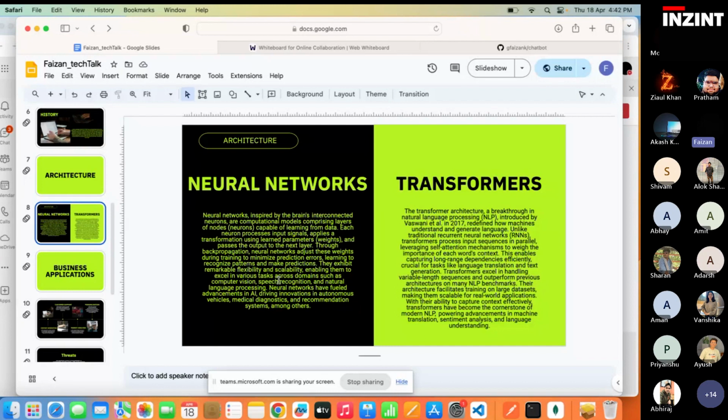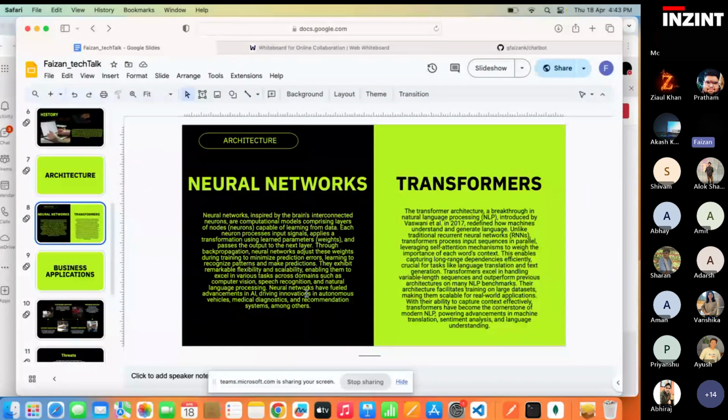Flexibility and scalability enable them to excel in various tasks across domains such as computer vision, speech recognition, and natural language processing. These are the three basic domains, which grow out a lot of times and go into a lot of other domains. Altogether, it does make sense.